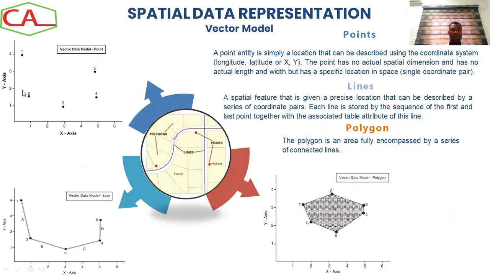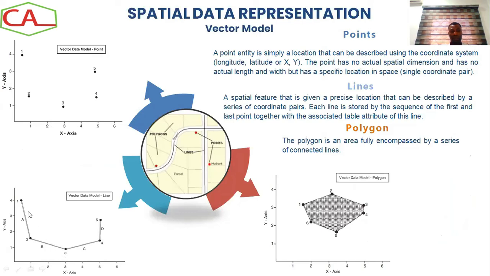Okay, if you look at this, we can see that this is vector data. Vector data is when there is point data. You can see this. It has only the X and the Y. From the point data, you can graduate to line. You can see line here. Line is also a vector data model.